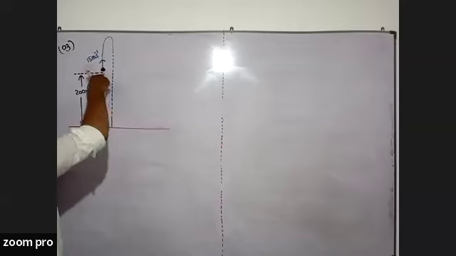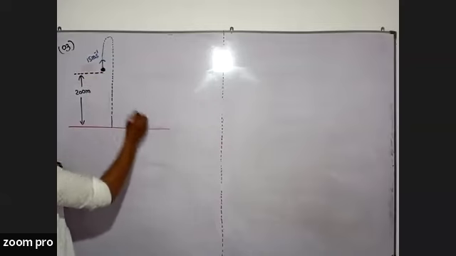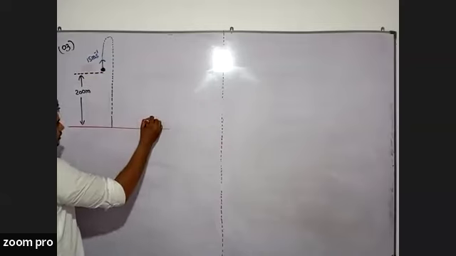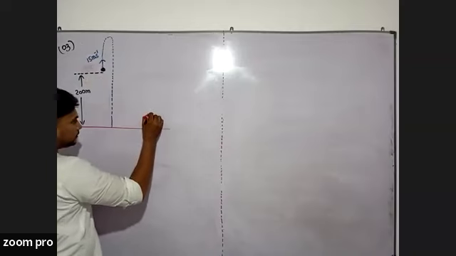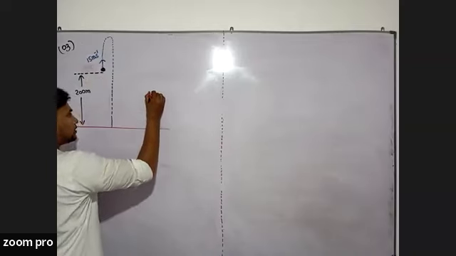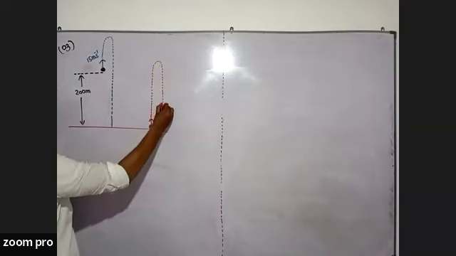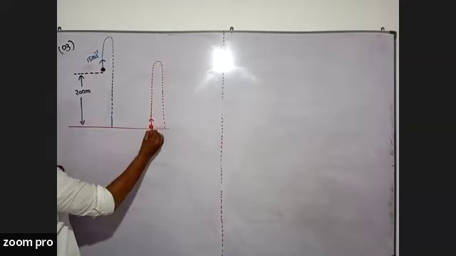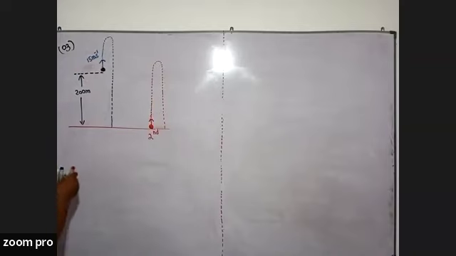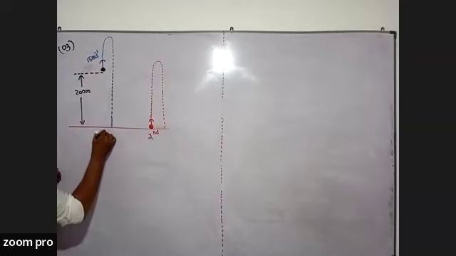So when the first stone is released, another second stone is moved vertically upward. So let's assume this is the motion of the second stone, and this is the motion of the first stone, right?